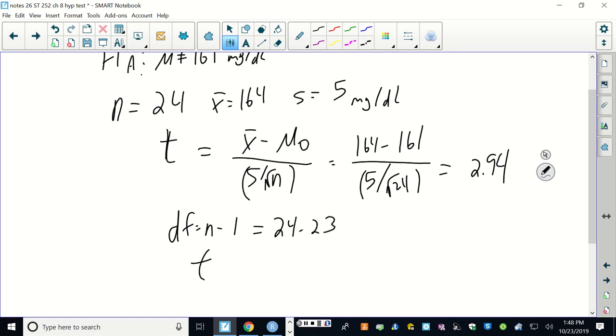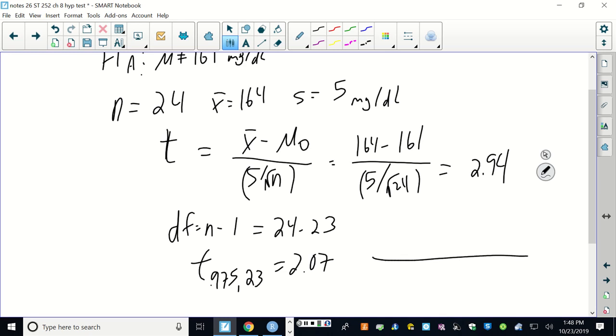The 97.5 percentile for this particular t-distribution is 2.07. Right? So what do we conclude? Do we stay with the null hypothesis, or do you reject it? We reject, right? The t-statistic is bigger than this reference distribution.